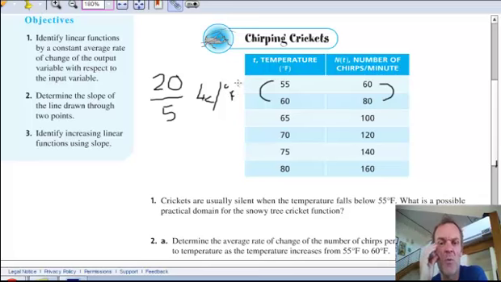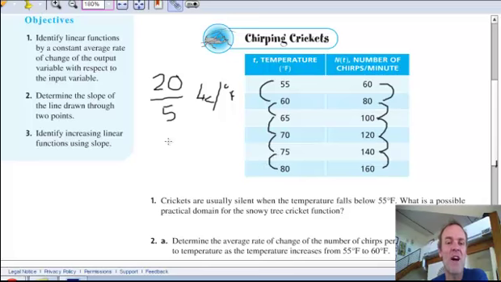Again, it went up by 20 chirps every 5 degrees. Look at this again. It went up by 20 in 5 degrees, and again, and again. It's going up 20 every 5 degrees.